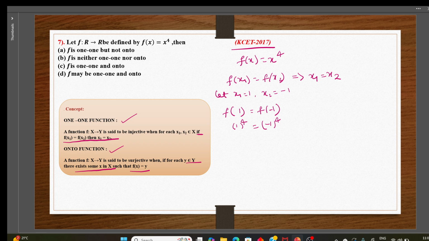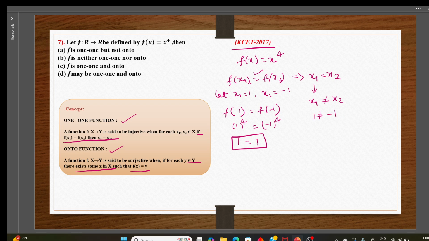Both give 1, so 1 is equal to 1. This condition is satisfied. But here x1 is not equal to x2, because 1 is not equal to minus 1.